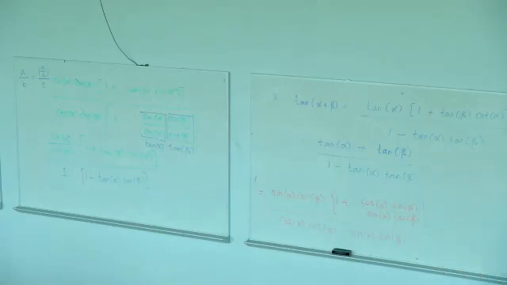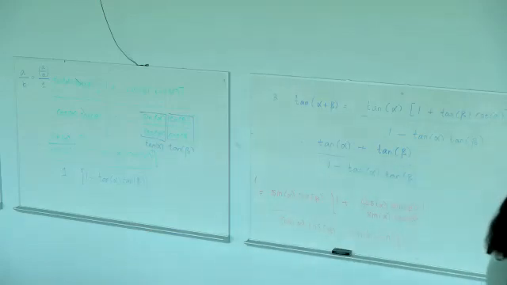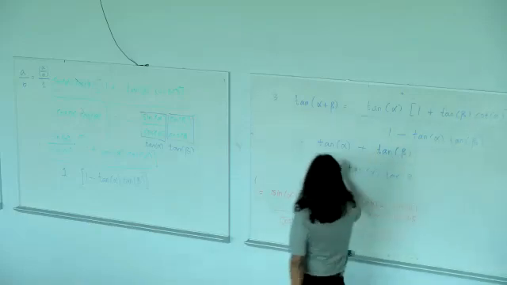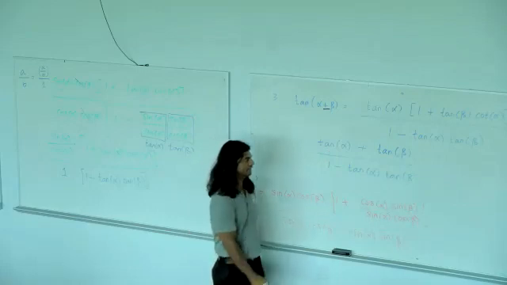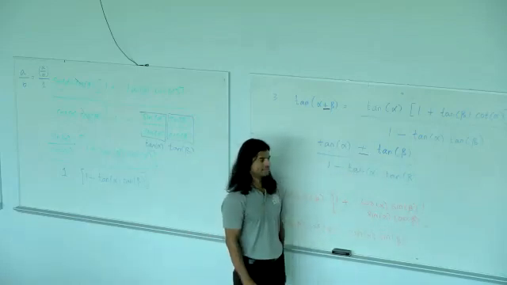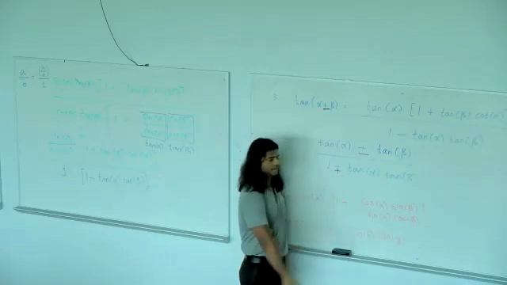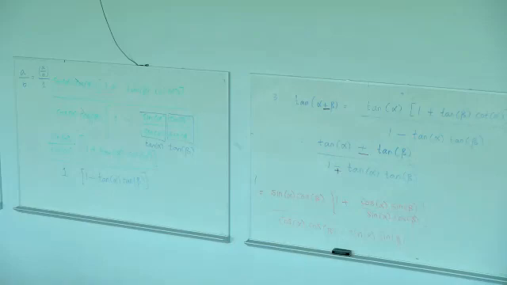I simply flipped them. Same logic: I change pluses to minus and minus to plus. So if you want tangent of alpha minus beta, it is simply tangent alpha minus tangent beta divided by 1 plus tangent alpha tangent beta.